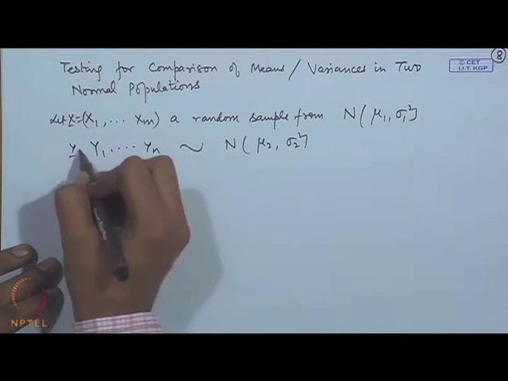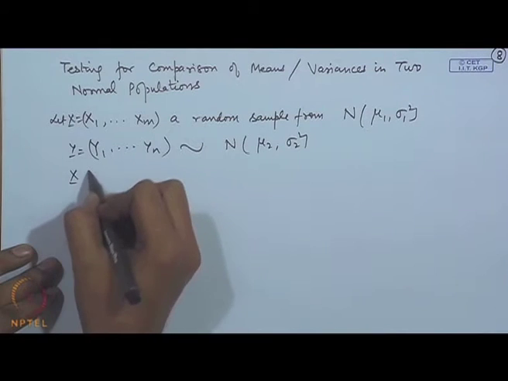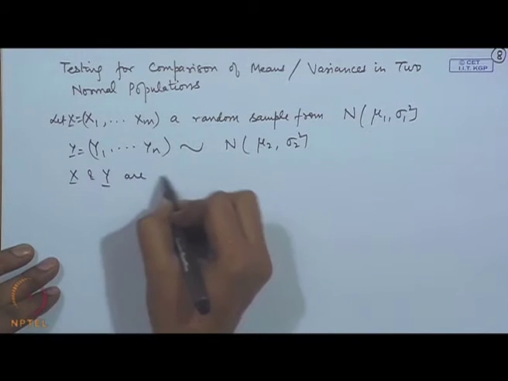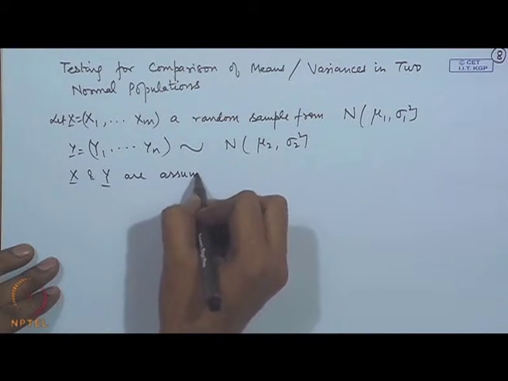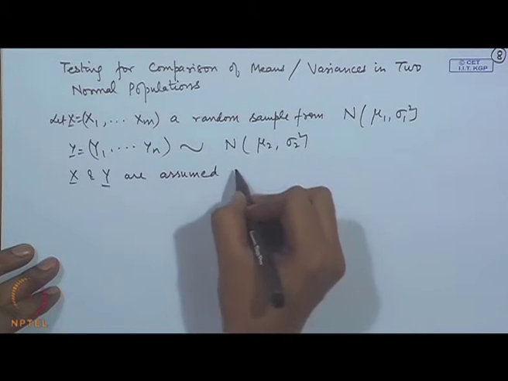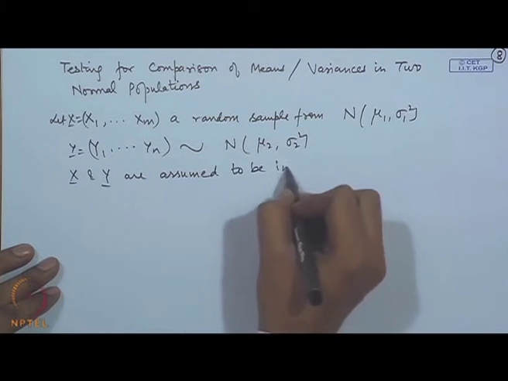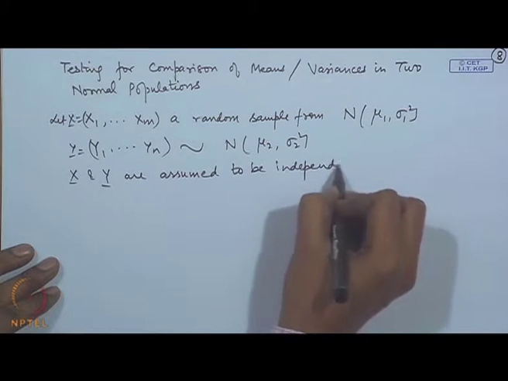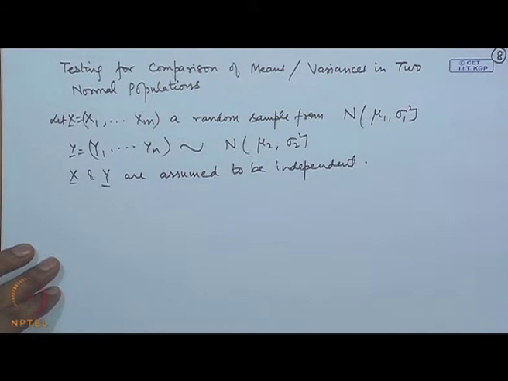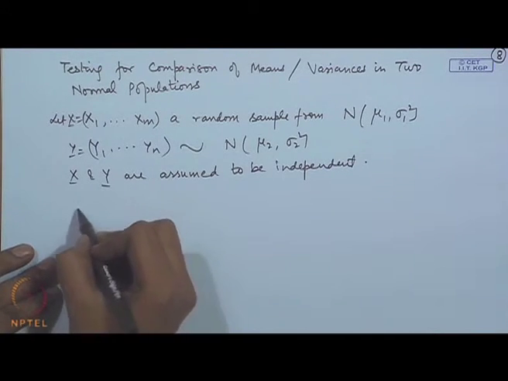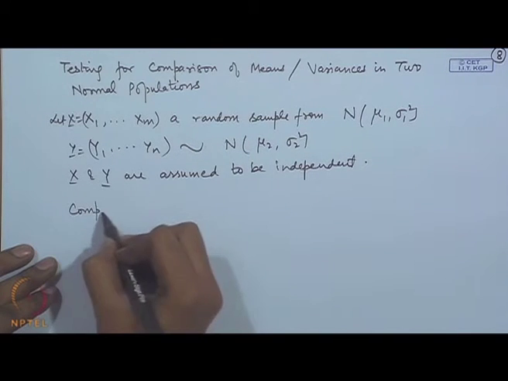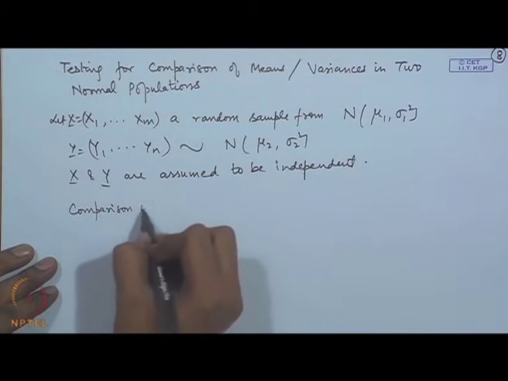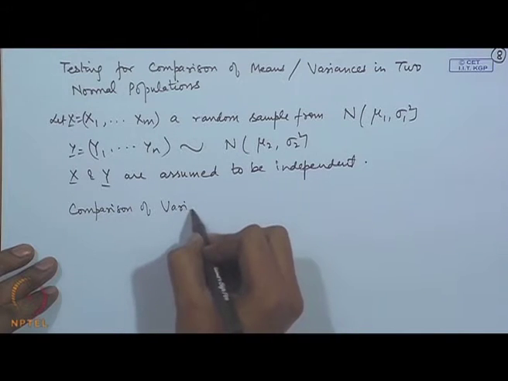So, I assume that x and y are independently collected, the two random samples are independent. Now, let us take the first problem, comparison of, say, variances.